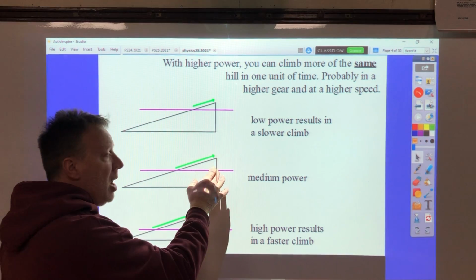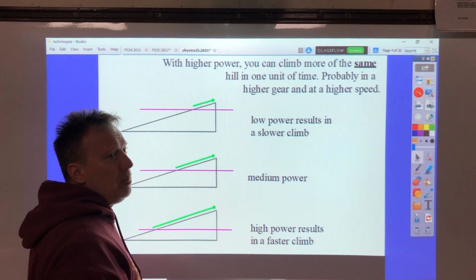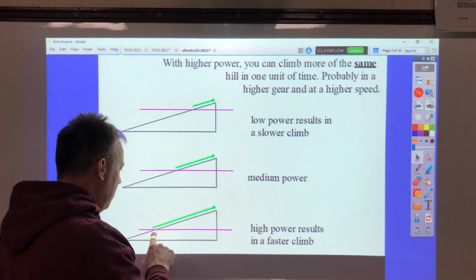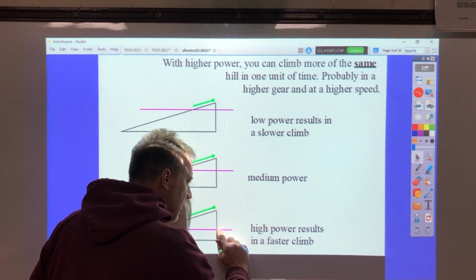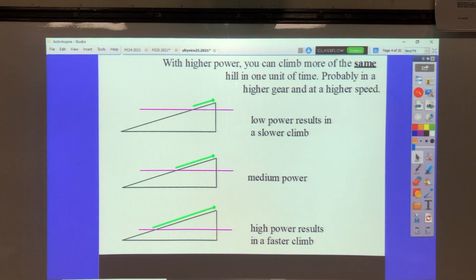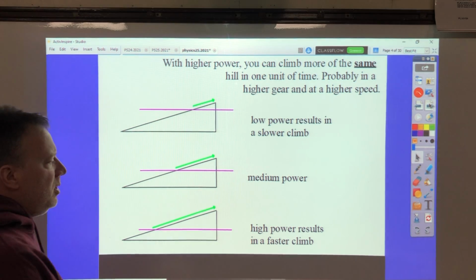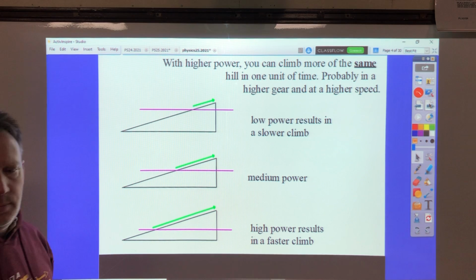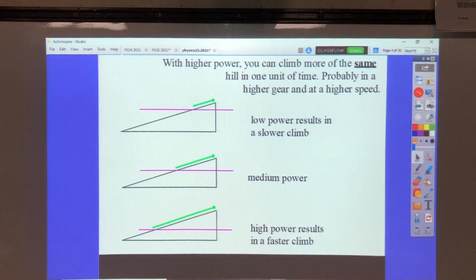If you have more power, you can climb more of the hill in that period of time and gain more gravitational potential energy. If you have a lot of power, you can climb even more hill, more mountain in the same period of time. So if you have a higher power, this will result in a faster climb up the same hill. But you still climb the hill, it just takes longer at lower power. You got to shift down to a lower gear, maybe.